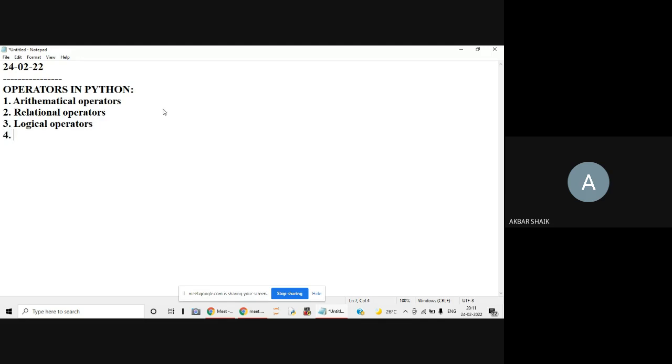Fourth one is assignment operators. Fifth one is bitwise operators. Sixth one is identity operators. And seventh one is membership operators.